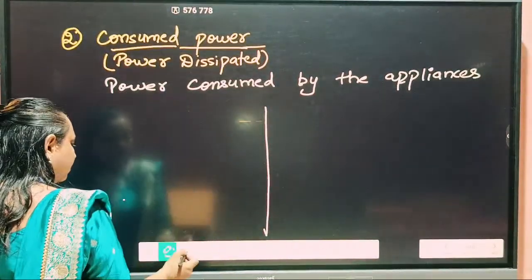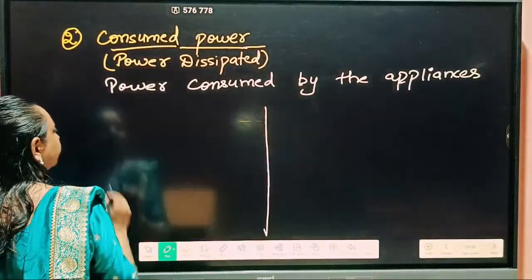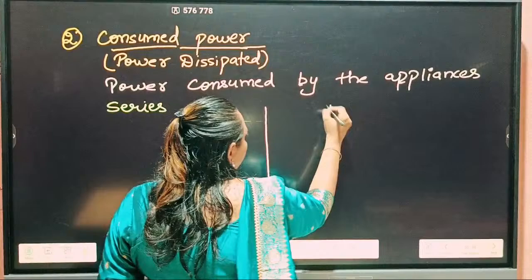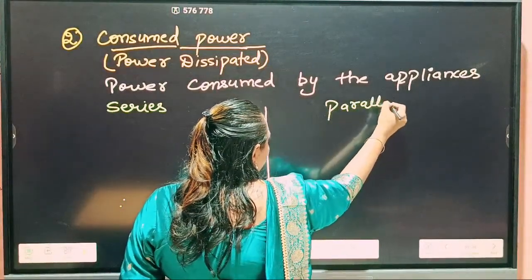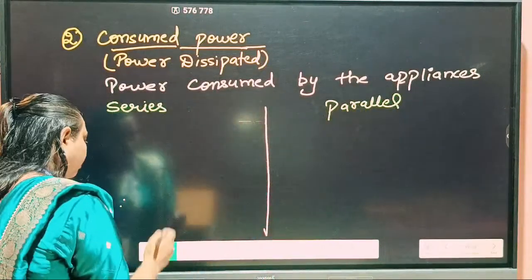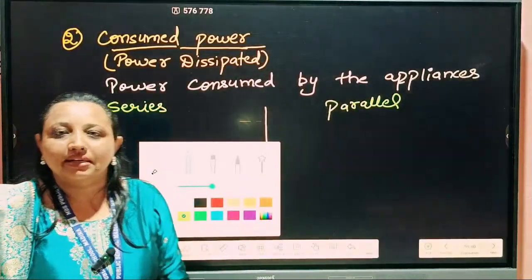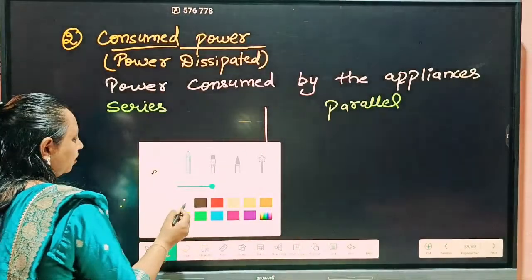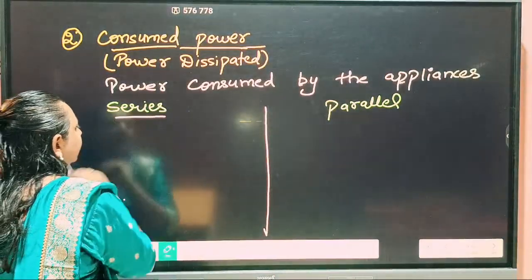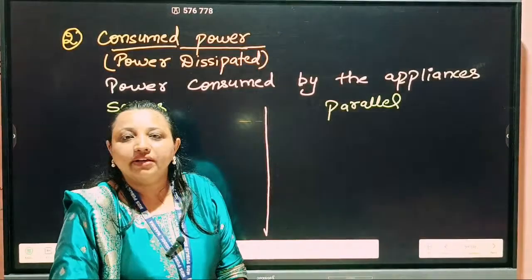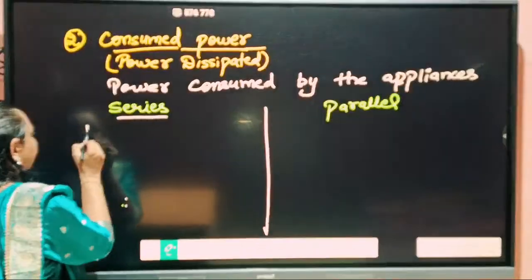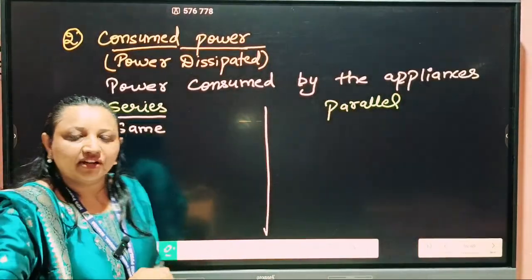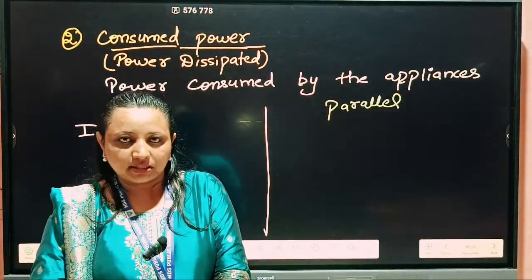If they are connected in series combination, what we have to remember is, when two or more appliances are connected in series, the current remains the same, and the potential difference is different across the different appliances.